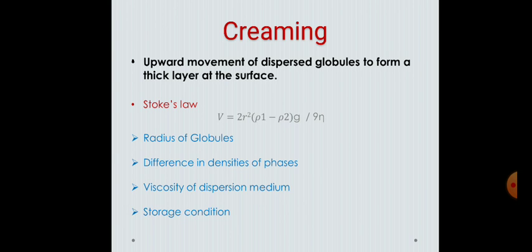From that equation, the radius of globules is directly proportional to the rate of creaming, the difference in density of the phases is also directly proportional to the rate of creaming, and viscosity is inversely proportional to the rate of creaming. Adverse storage conditions also contribute.